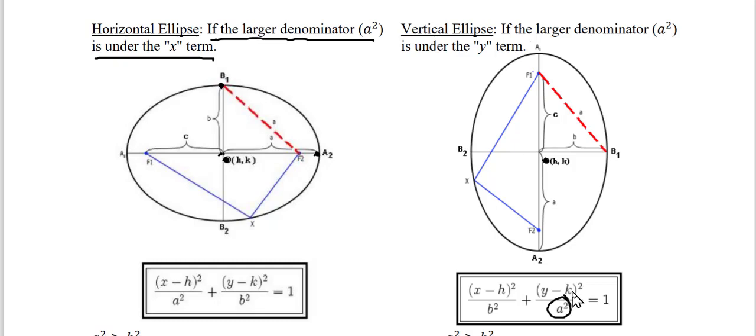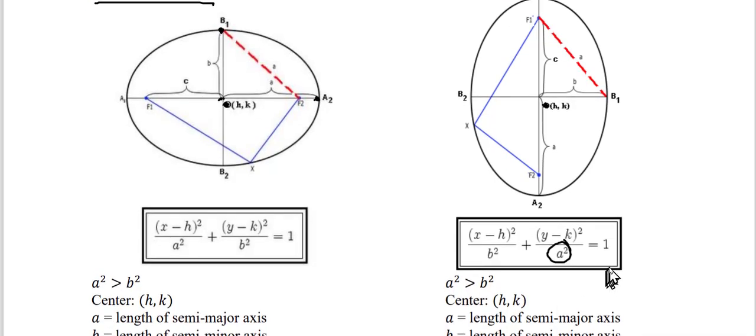So the bigger distance gets squared and goes under the appropriate variable. Hopefully it makes sense that if this distance is a, that bigger distance is a, it's vertically bigger. We're going to put that under the y. Always equal to 1. Always a plus sign between there. Coefficients on the x squared and y squared terms are 1.